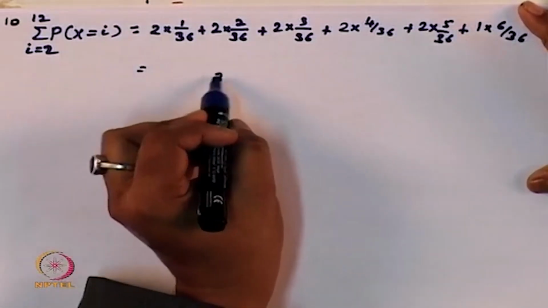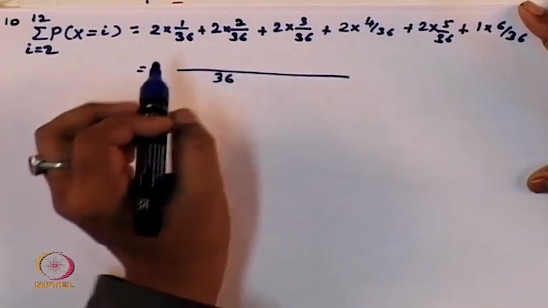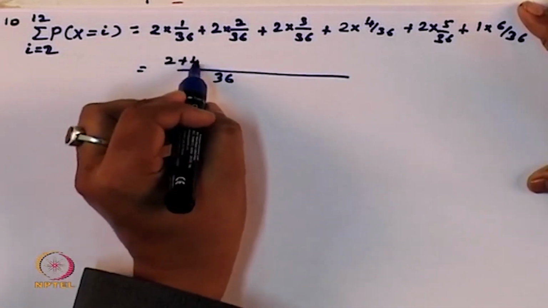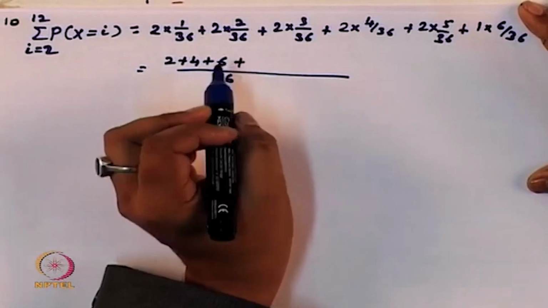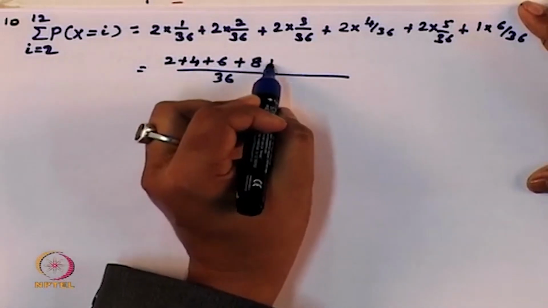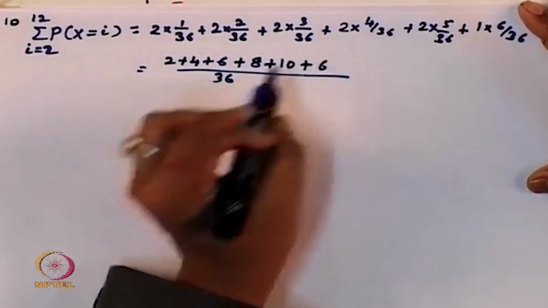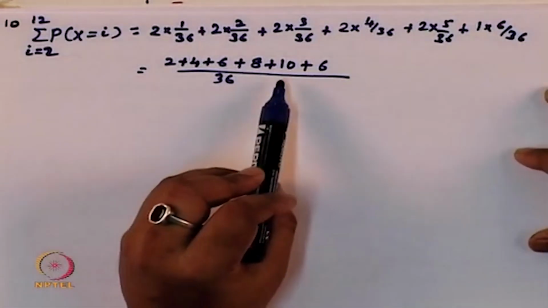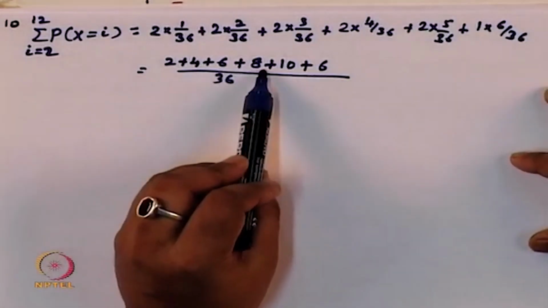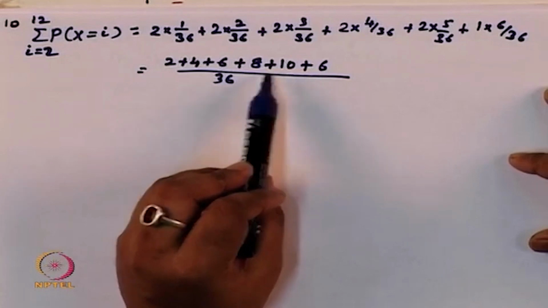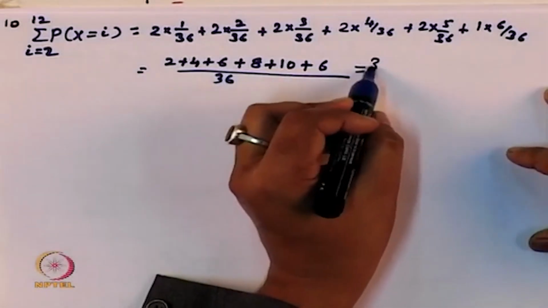If I make the 36 common, I have 2 plus 4 plus 6 plus 8 plus 10 plus 6. That is 6 plus 6 is 12, and 8 is 20, 30, 36.